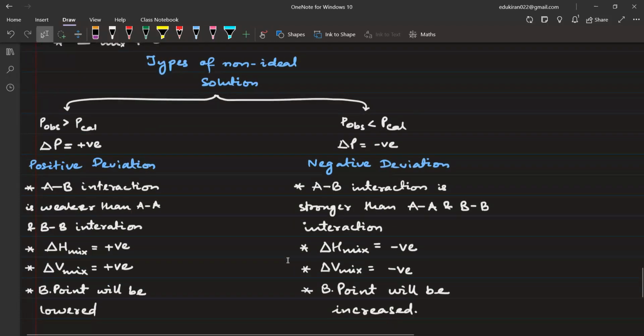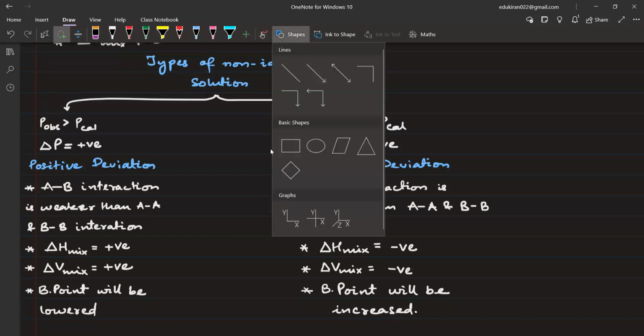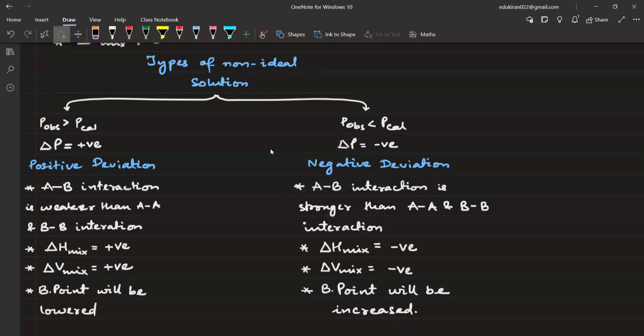Types of non-ideal solution. When they talk about the difference between positive deviation and negative deviation, I would suggest you at least remember these 2 points.